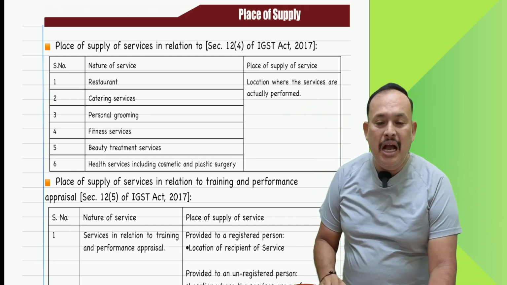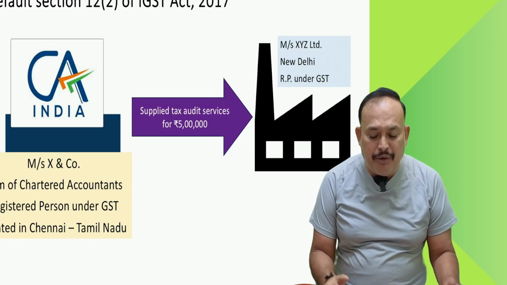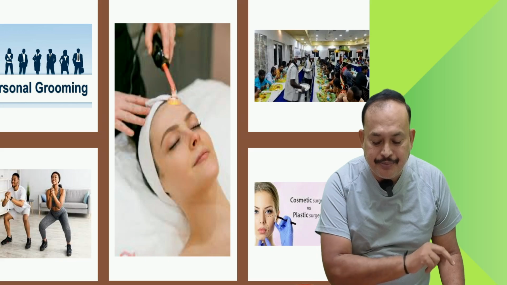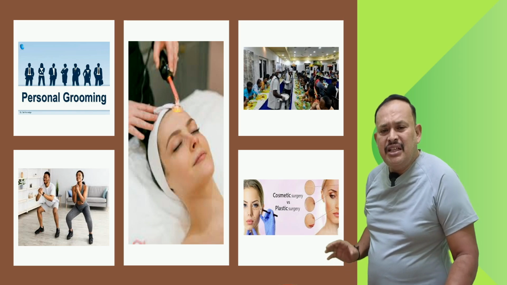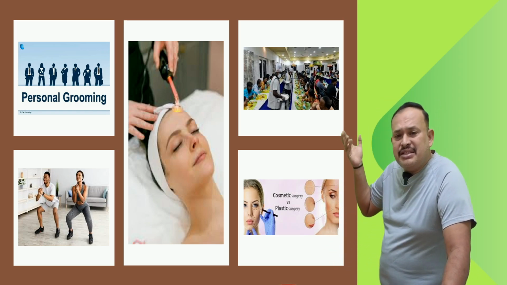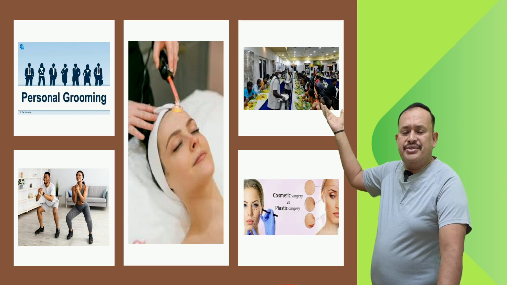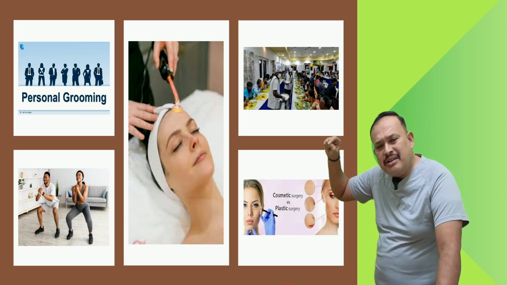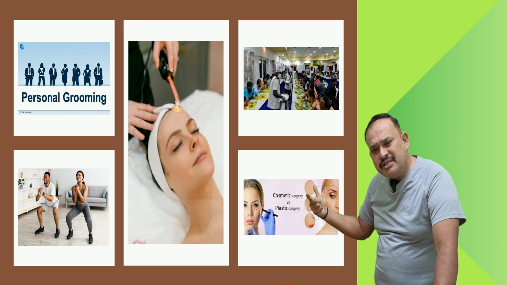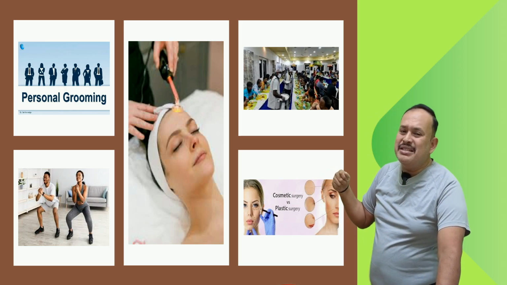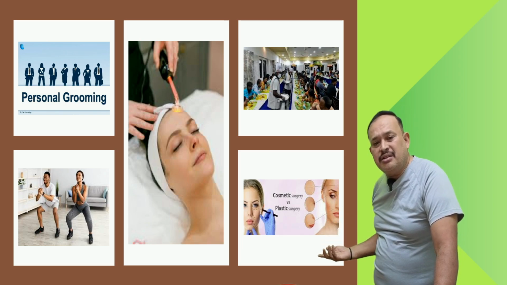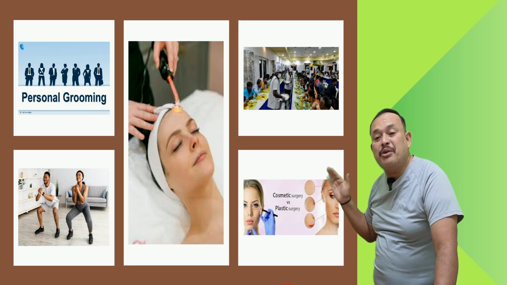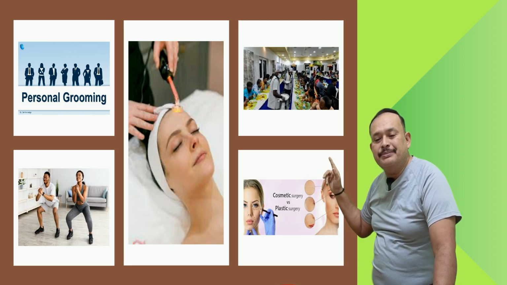For example, I will show you in a simplified manner. In the given case, restaurant services, catering services, personal grooming services, fitness services, beauty treatment services, cosmetic services, plastic surgery services, where the performance is actually performed is the place of supply.